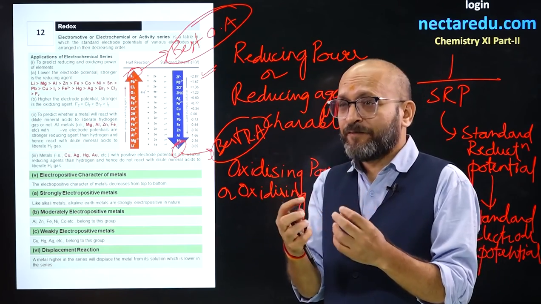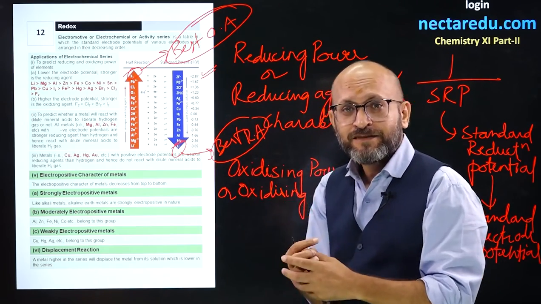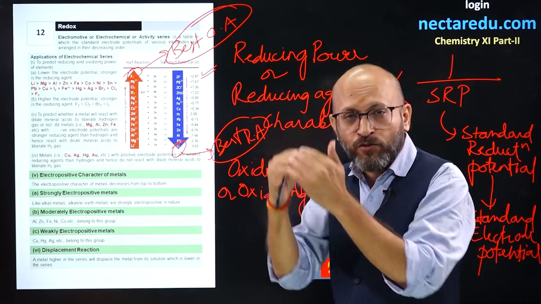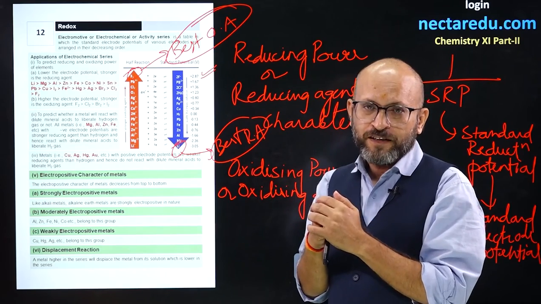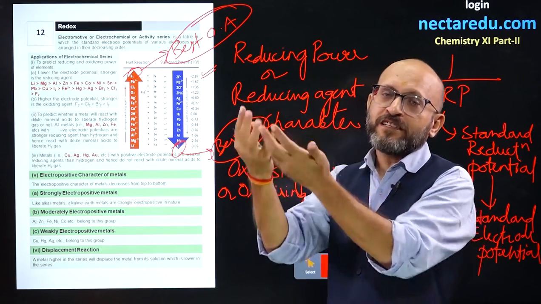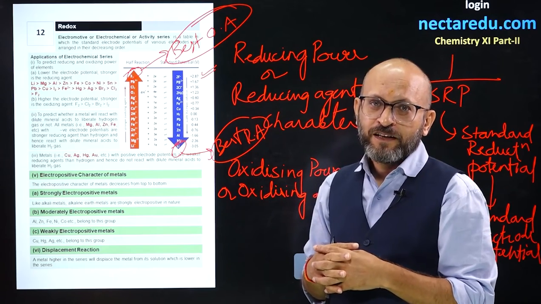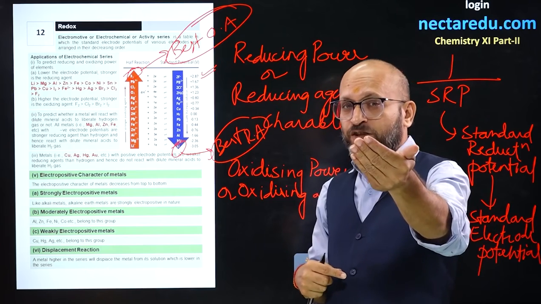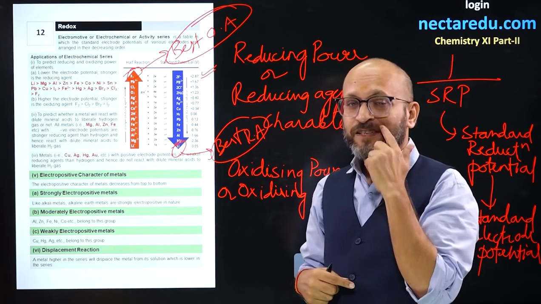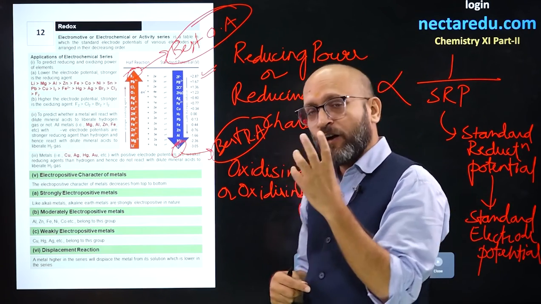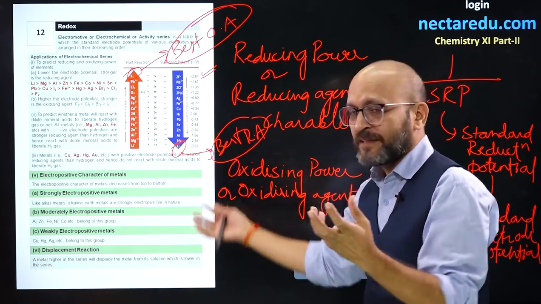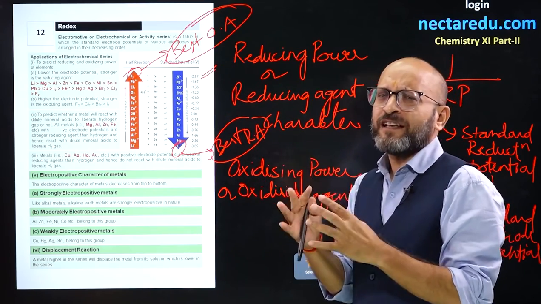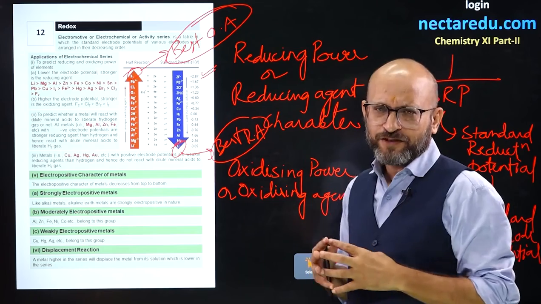When you want to understand which is a better reducing agent, just check which one has lower electrode potential. Lower electrode potential means better reducing agent. Higher electrode potential means poor reducing agent or better oxidizing agent. This series helps us in making many decisions.